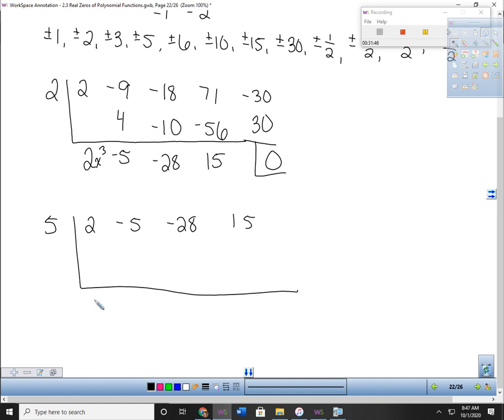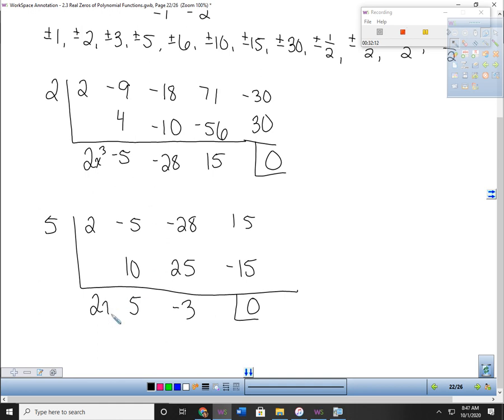So I'm going to drop the 2. 2 times 5 is 10, plus negative 5 is 5, times 5 is 25, plus a negative 28 is negative 3, times 5 is negative 15, which gives me a remainder of 0.